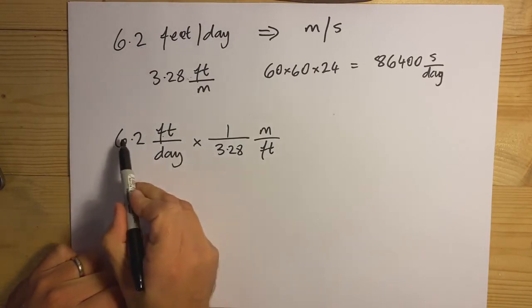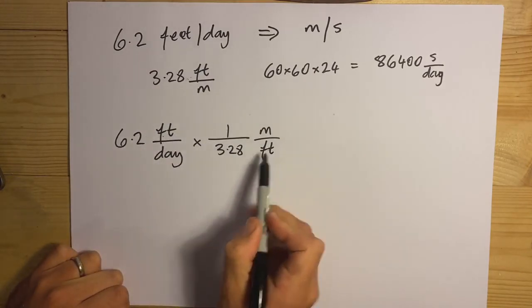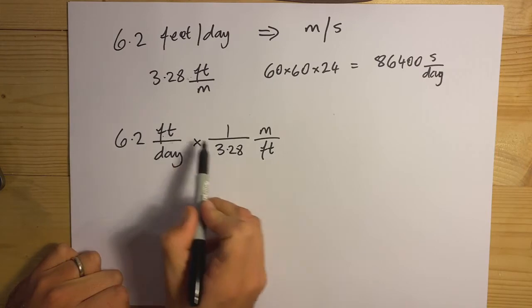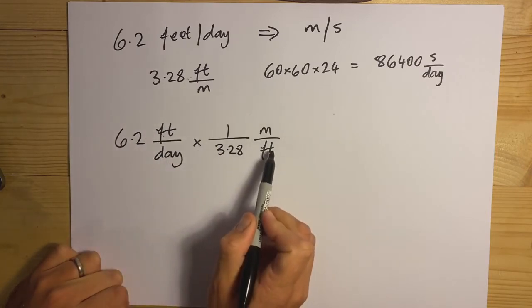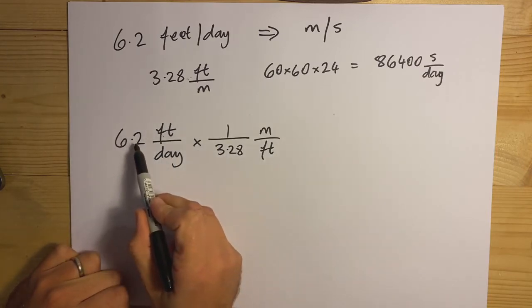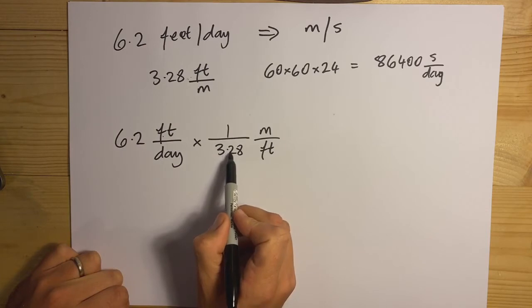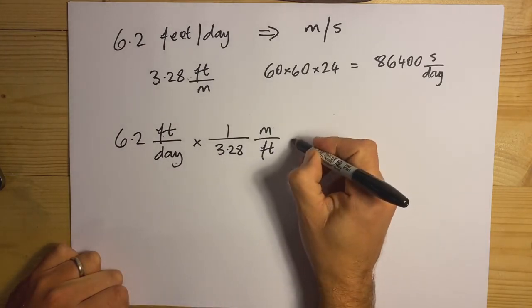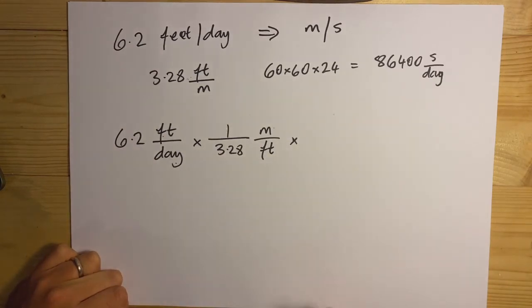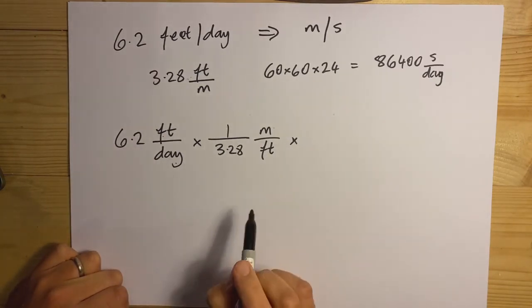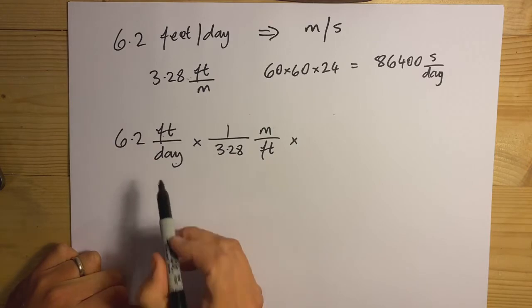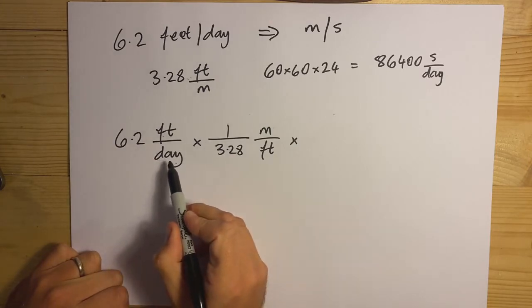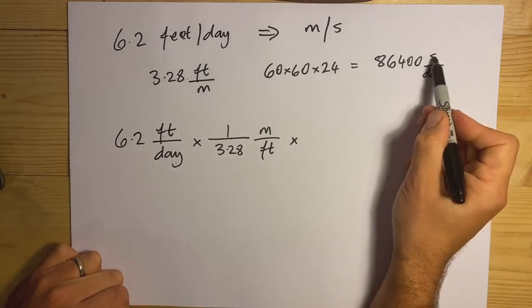Because now when we multiply, the feet will cancel out. If we were to multiply this straight through, we'd be left with 6.2 divided by 3.28, that'd be meters per day. We're going to do our other conversion at the same time, just multiplying straight through. Now we want to go from days to seconds, and here we've got seconds per day.